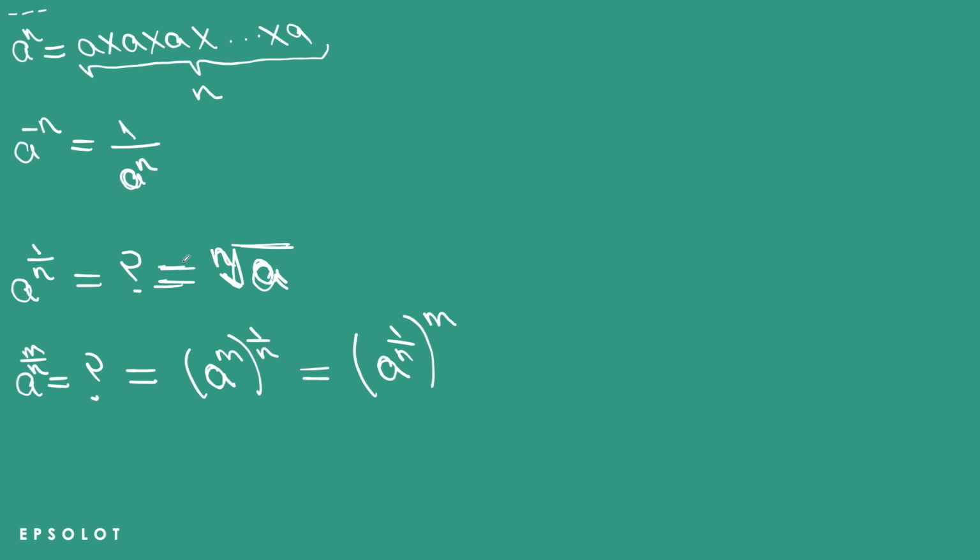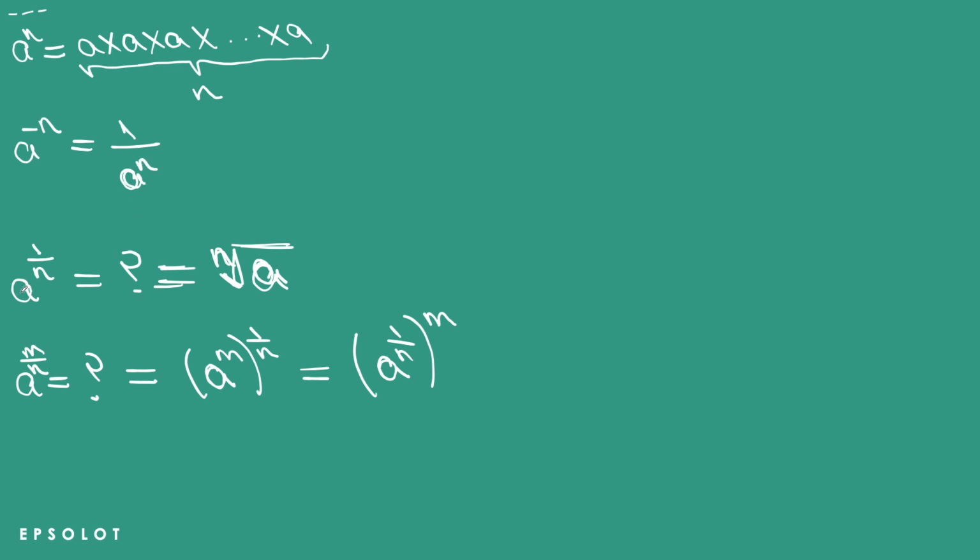And so just a quick recap: if a base or a number is raised to a simple number n, it means that you need to multiply that base with itself n number of times. If something is raised to a negative number, then it simply means that you need to rewrite that as a fraction, as 1 over that number, with that power.